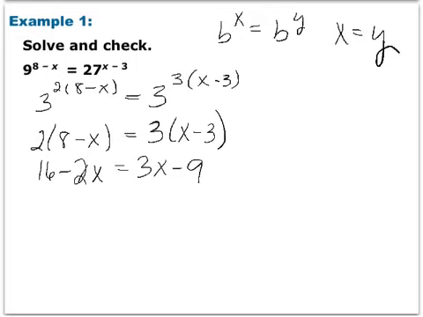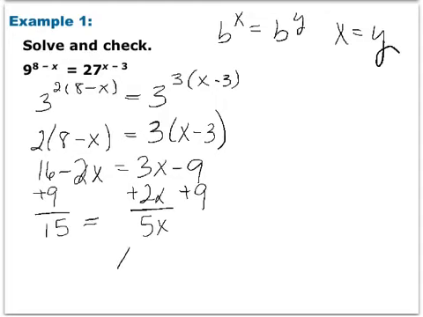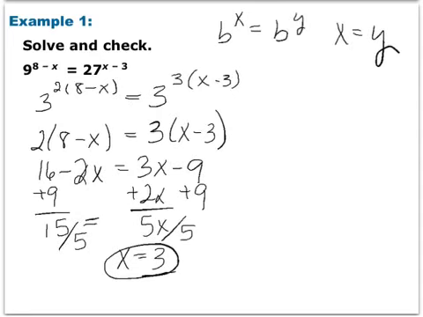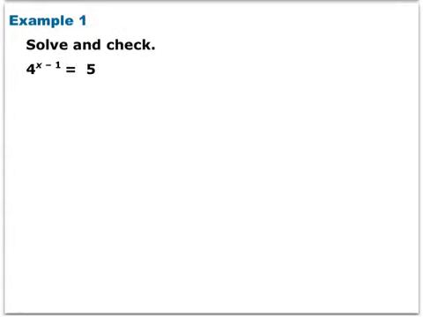I'm going to add 2x to this side, gives me 5x, add 9, 25, x equals 5. So really not too bad once you realize that you can do that. You're going to have to really know your numbers. Okay, let's try the next one.